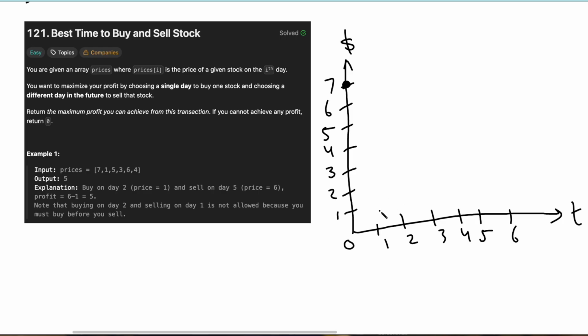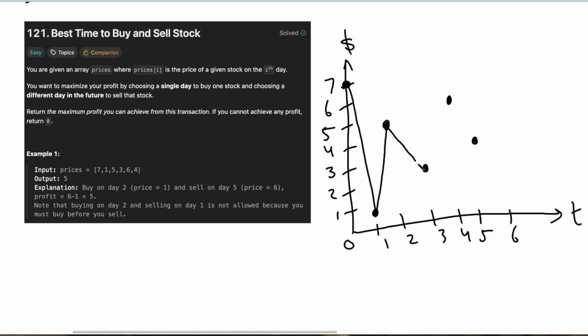At time 1, we have a price of 1. At time 2, we have a price of 5. Then we have a price of 3, then a price of 6, and then a price of 4. So our graph is going to look something like this.